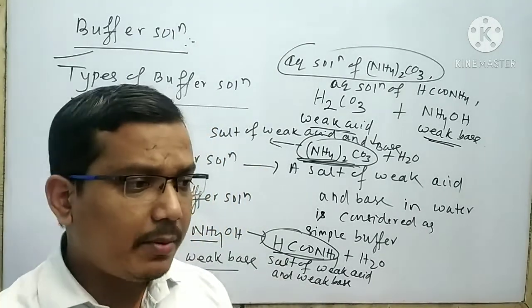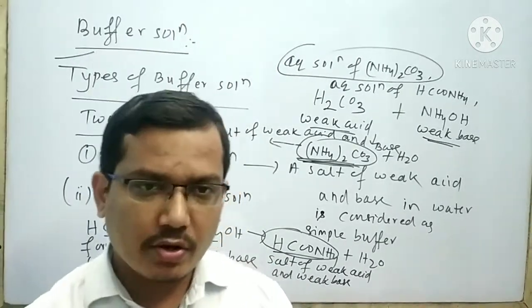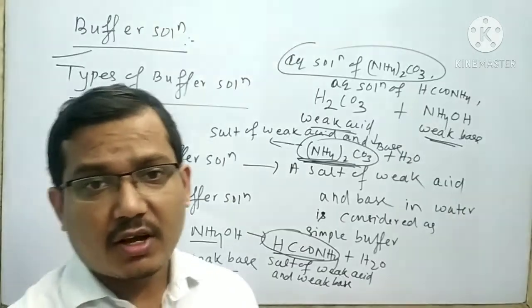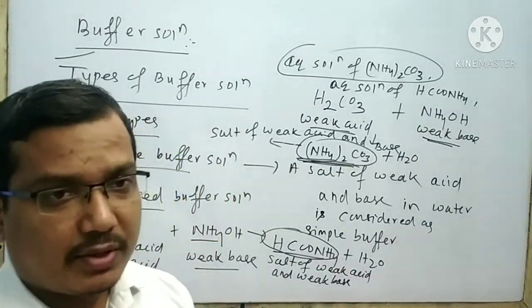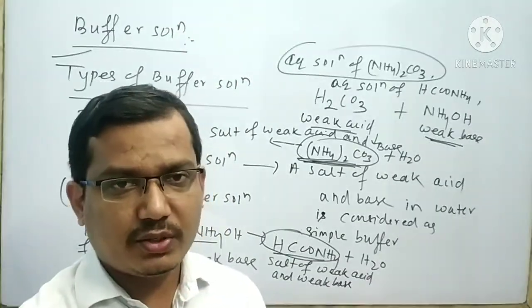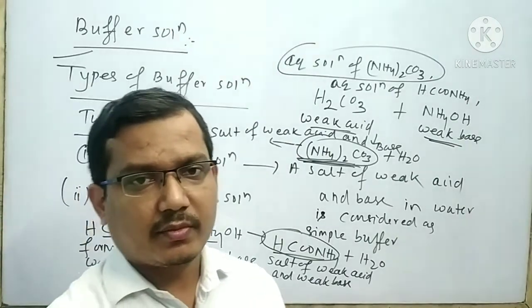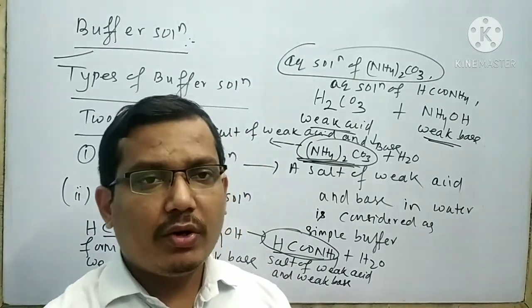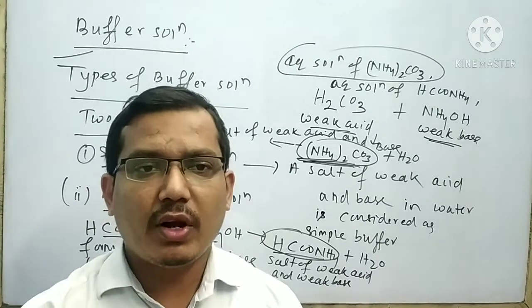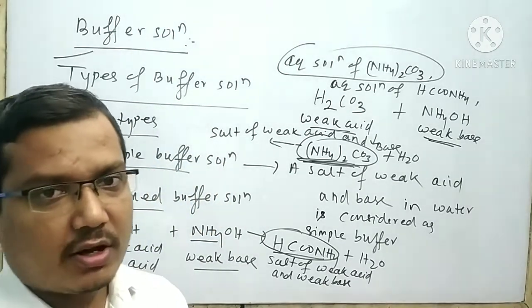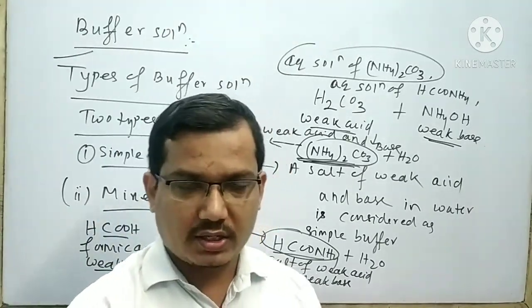But remember, if I add more and more acid, base or water from the outside, the pH value must change. So it is only applicable for a small amount of acid, base or water from the outside.